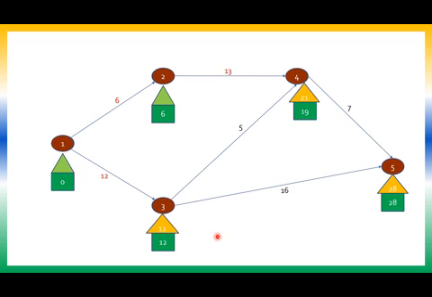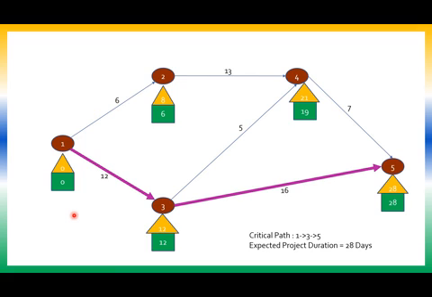So 12 is minimum. Then here 21 minus 13 is 8. Okay. So now out of these two, 8 minus 6 is 2, and 12 minus 12 is 0. So whichever is minimum has to be written. So that will be 0.